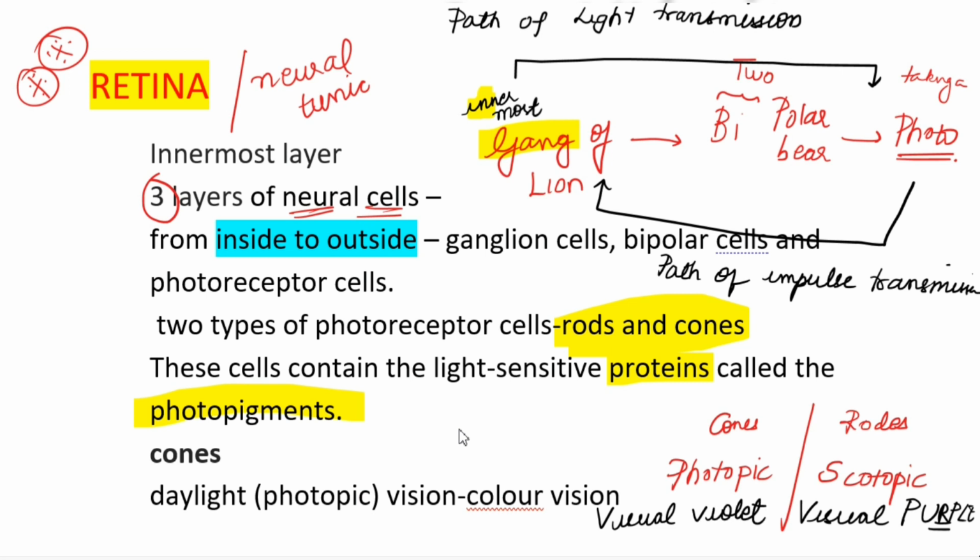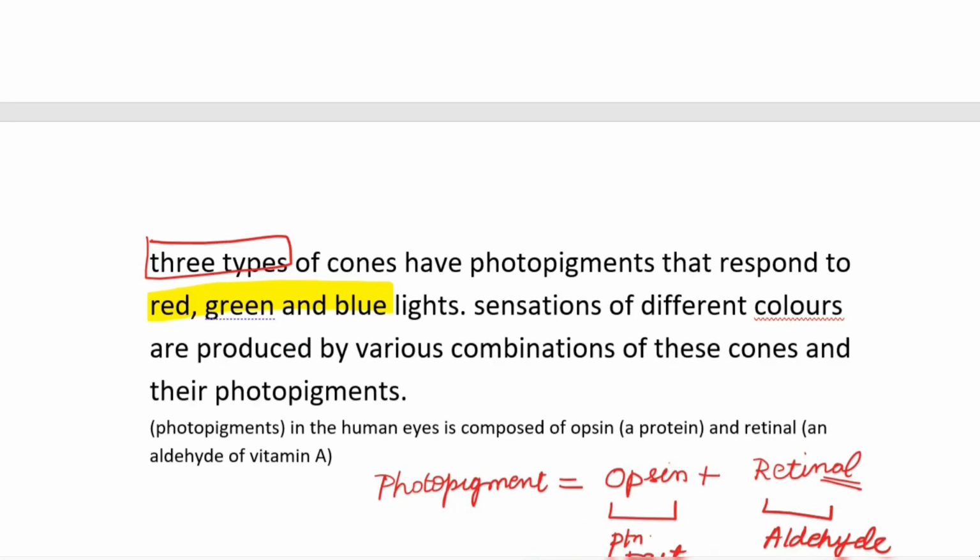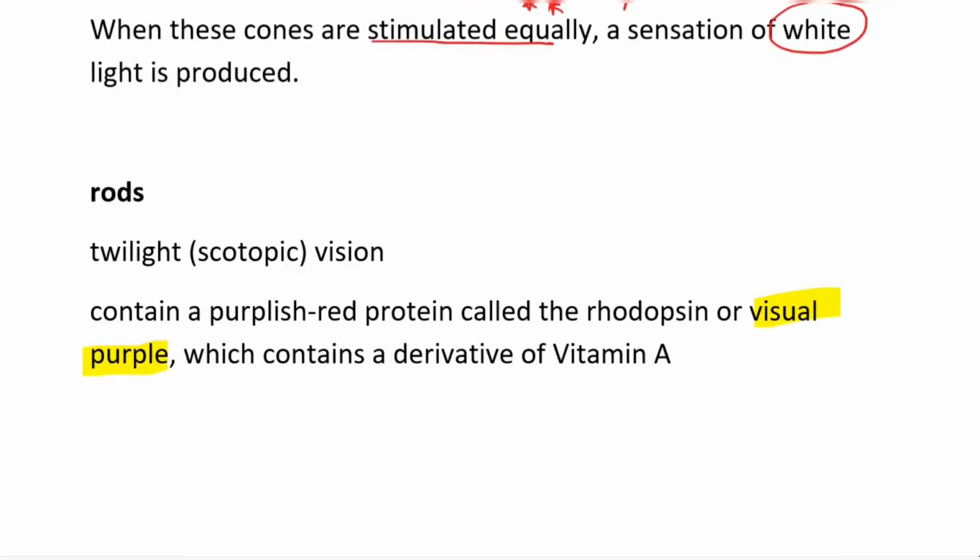Purple has an R, and R is for rods. Purple and violet: visual is the same for both pigments. Since there is an R in purple, it is for rods. Remember it that way, you'll never make a mistake. And this visual purple again contains a derivative of vitamin A. So eat lots of carrots and improve your eyesight.